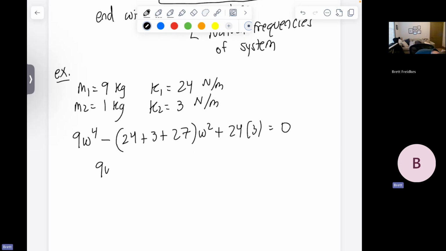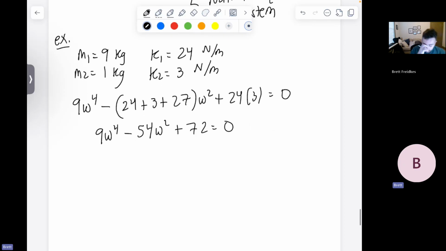This gives us 9 omega to the 4th minus, that looks like 54 omega squared, and then 24 times 3 is 72, plus 72 is equal to 0. At this point, you can use a quadratic formula to find values of omega squared.